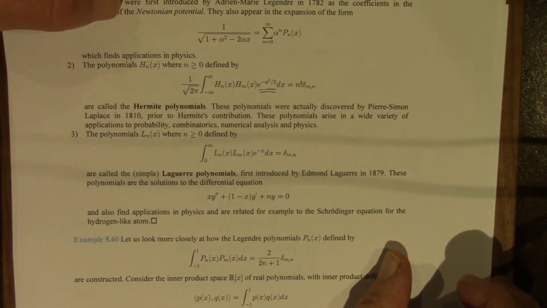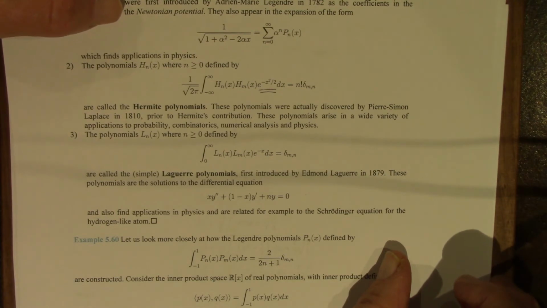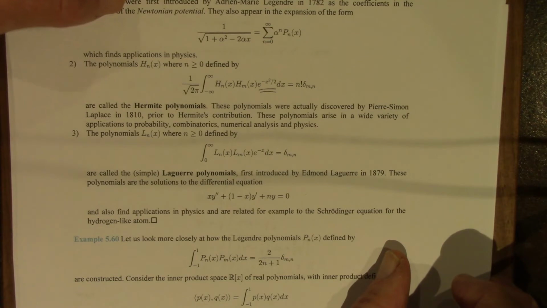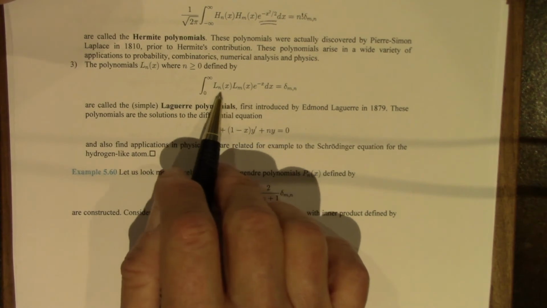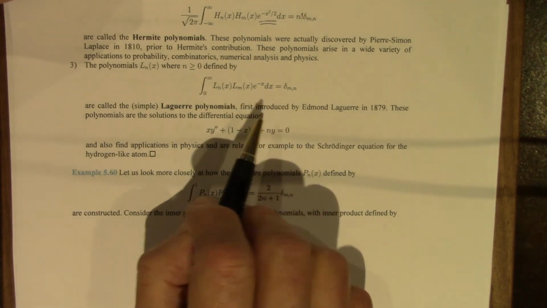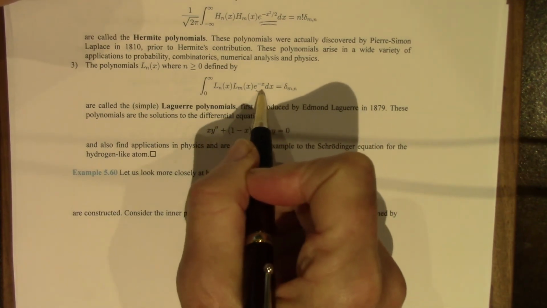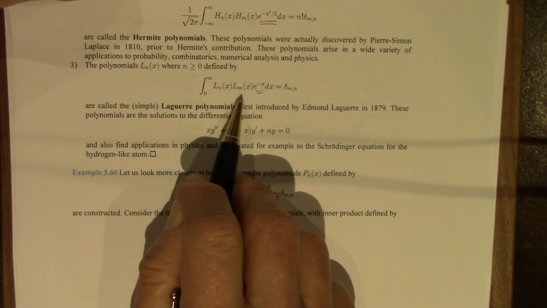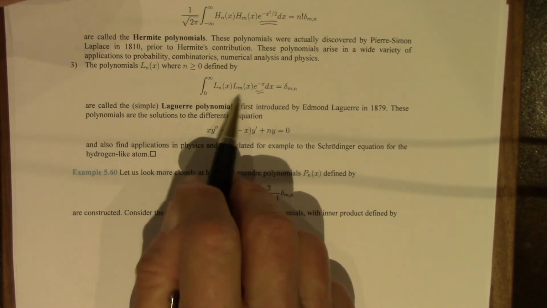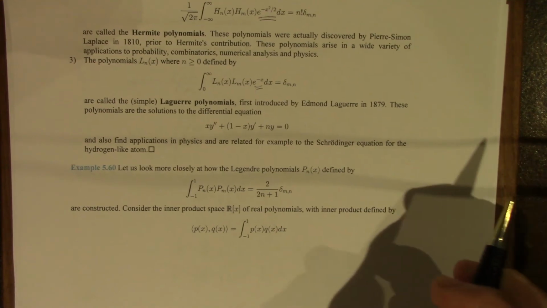These polynomials arise in a variety of applications: to probability, combinatorics, numerical analysis, and also physics. The polynomials defined by this orthogonality relation, here the weight function is just e to the negative x, are called the Legendre polynomials, introduced by Edmond Legendre in 1879.